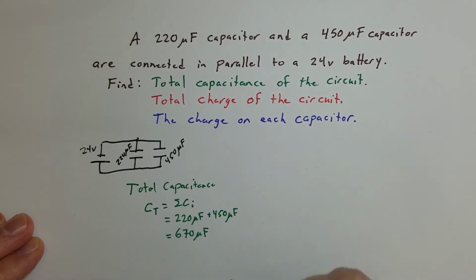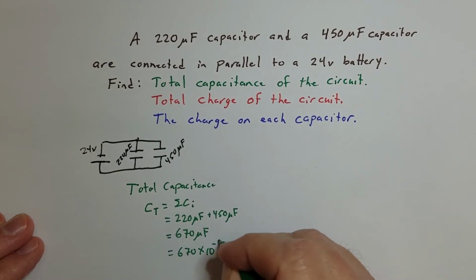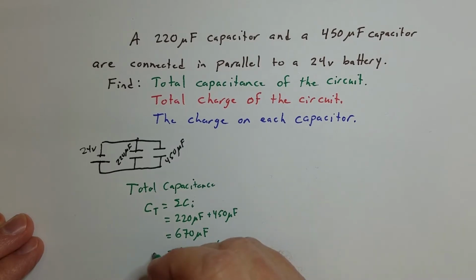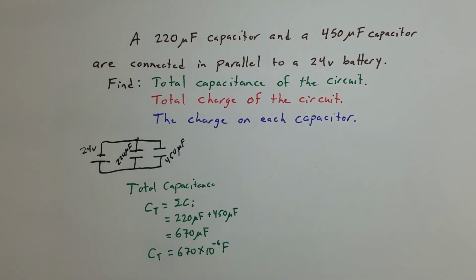And that's okay when we do this, but I actually want to put that into scientific notation. So that is going to be 670 times 10 to the minus 6 farads. That's the total capacitance.